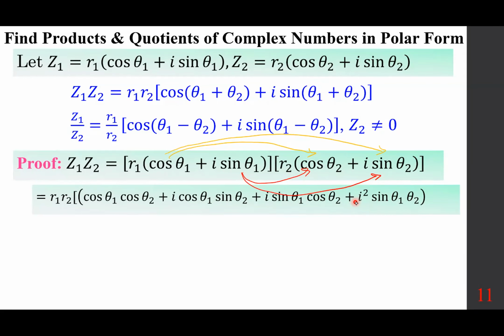As you know, I squared changes to -1, or simply minus sine theta 1 sine theta 2.